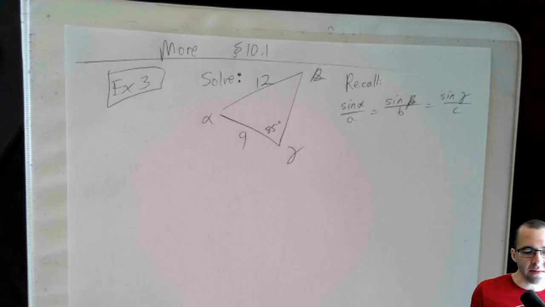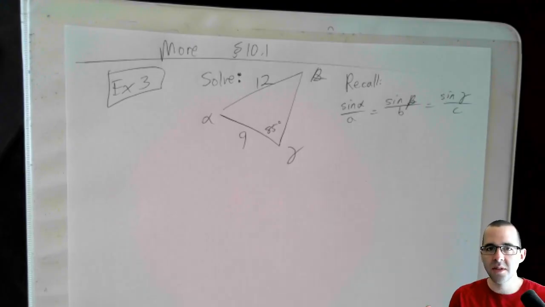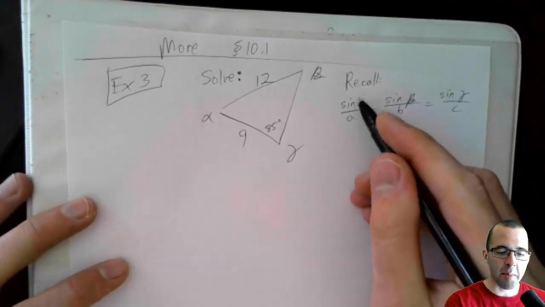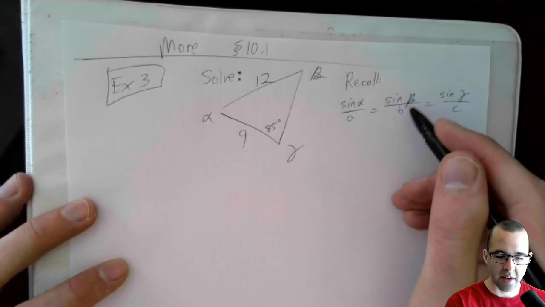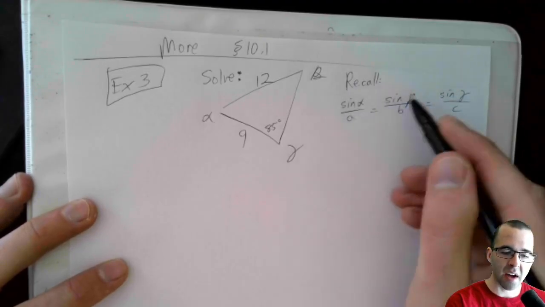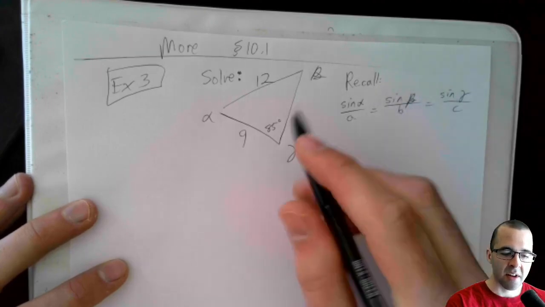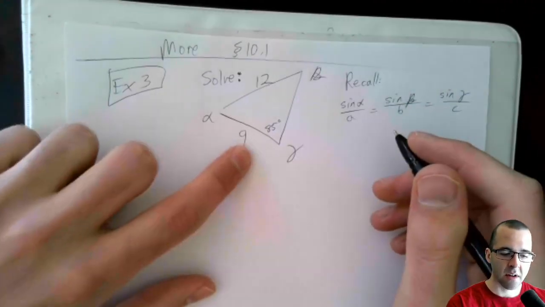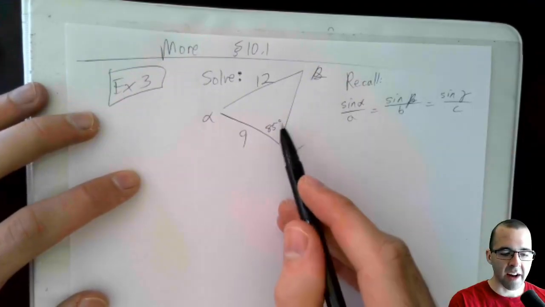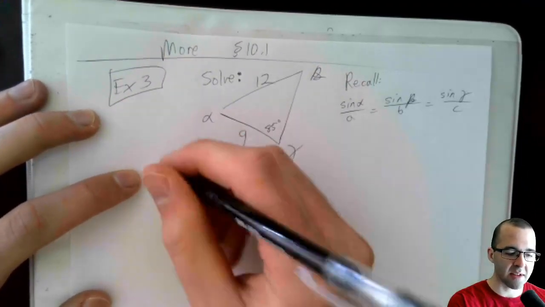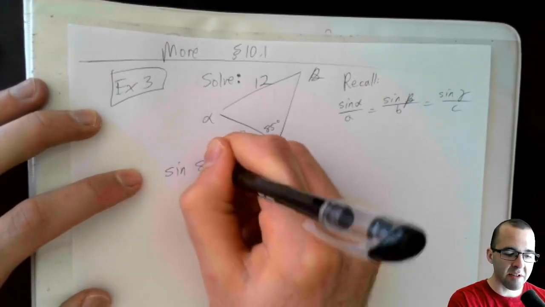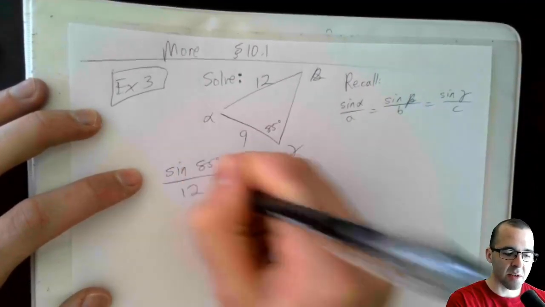Here it is. So when we're using the law of sines, we just choose a pair that we know the whole thing of, and a pair that we only know one of, and then we set up a ratio. So we need to find an angle on an opposite side that we know. Well, we only know one angle, and we know its opposite side. So we set up sine of 85 degrees divided by its opposite side, 12.